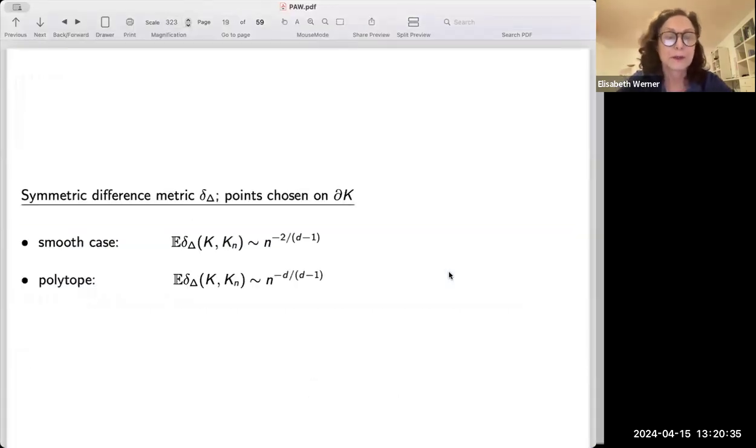So to resume, what we have in the symmetric difference metric for the points chosen on the boundary of K, comparing the smooth case and the polytope case, is that in the smooth case, the expected symmetric difference metric between K and the random polytope behaves like n to the minus 2 over d minus 1.